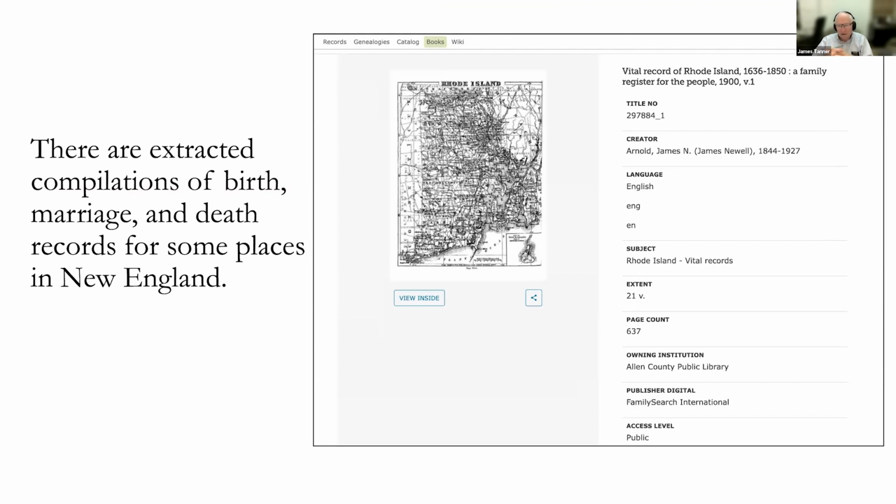And those are subject to transcription errors, but they are reliable and they are useful, and they do not give you enough information to be absolutely sure you have the right person, because it may just say baby George born to Mary and George Smith on such and such a date. And it doesn't really give you enough to know if you have the right Smith family.